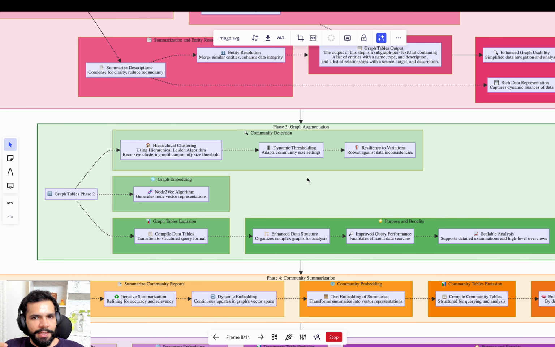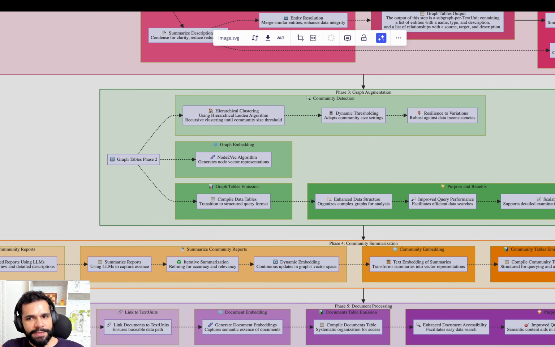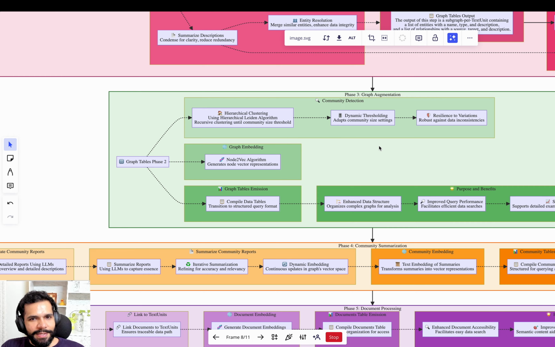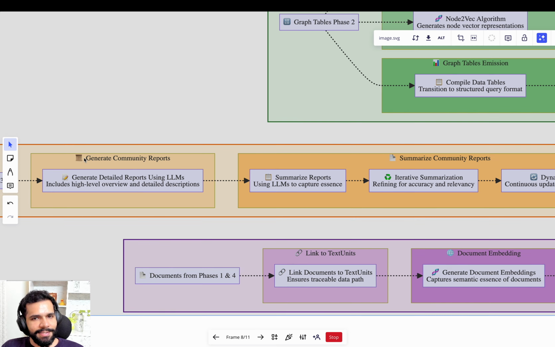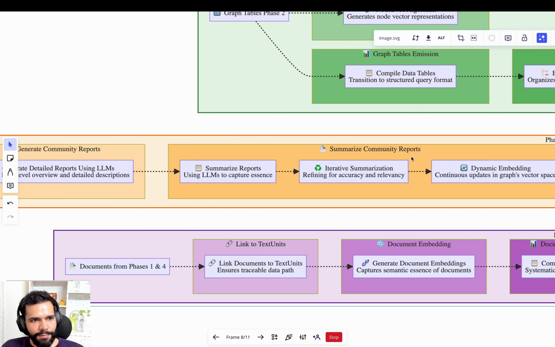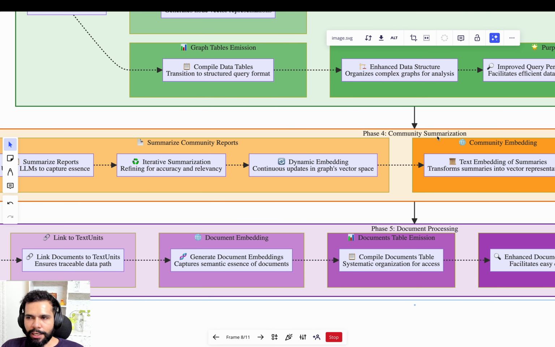If you think about it in the back of your mind, this is a lot of tokens. This is a lot of summarization. This is a lot of entity and relationship establishment. So it is expensive. I did some experiments myself on how much financially is being spent on this.